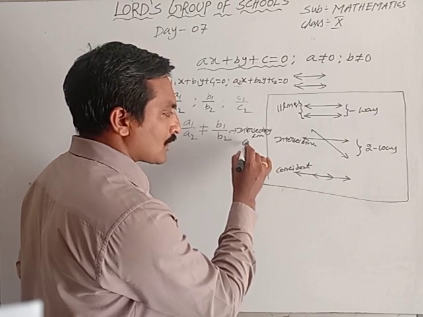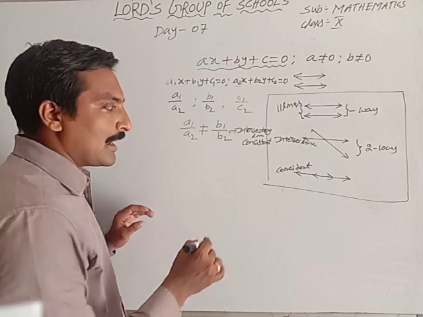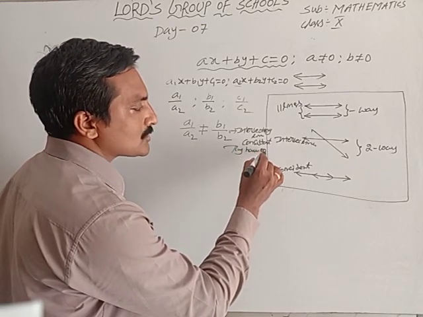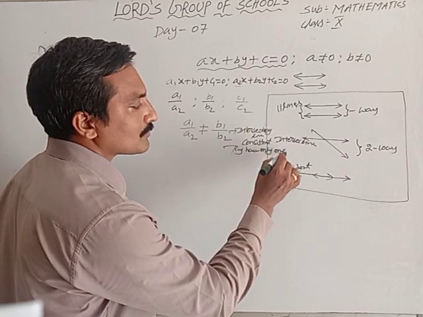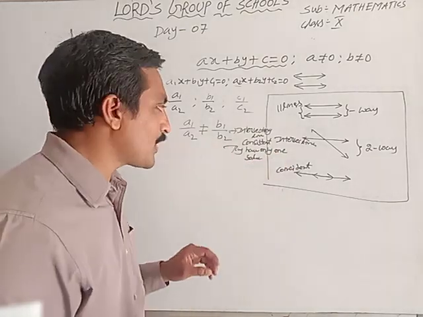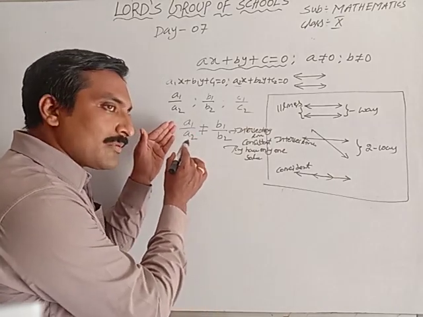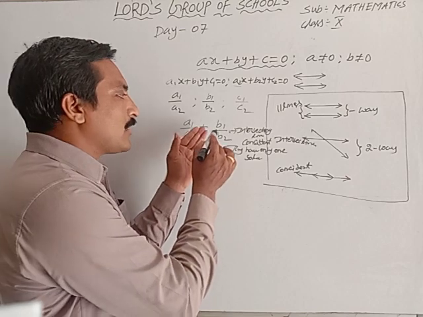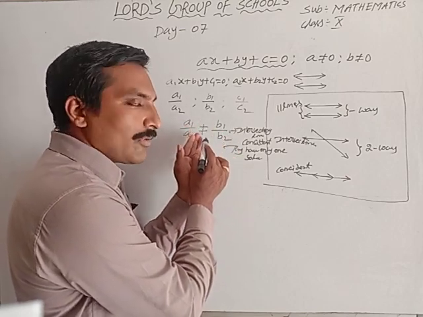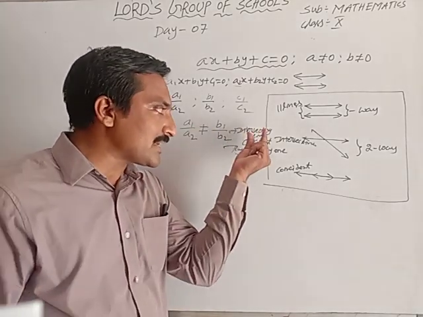This is also known as consistent. They have only one solution. When the ratio of the x coefficients and the ratio of the y coefficients are not equal, that type of lines are called intersecting lines.